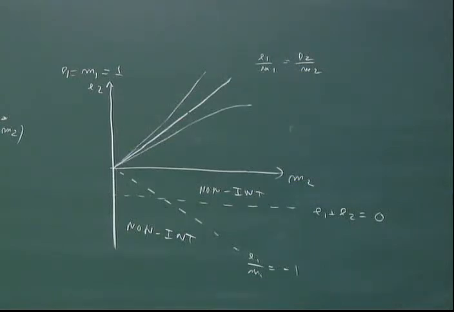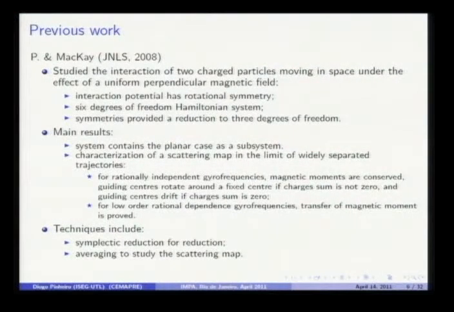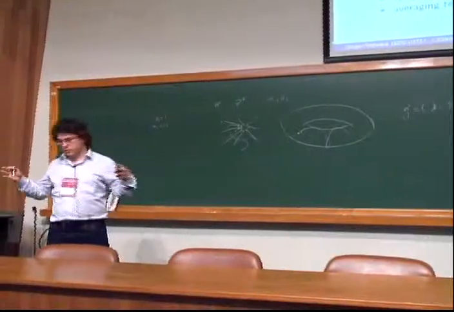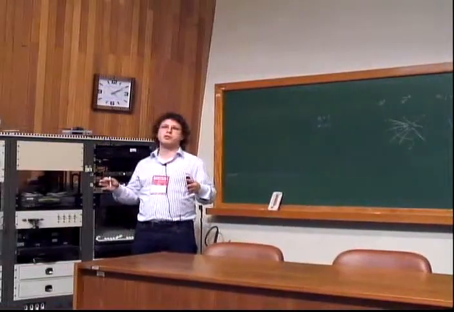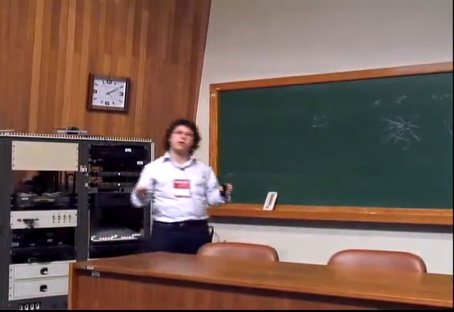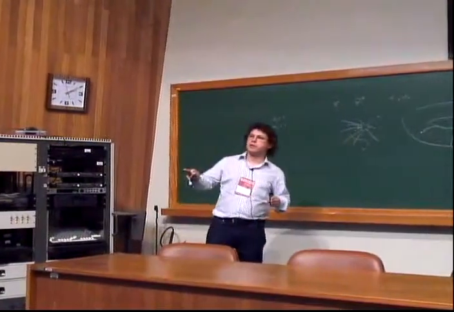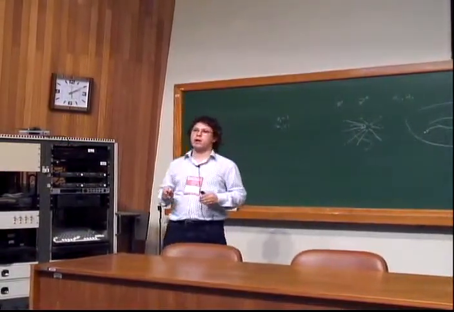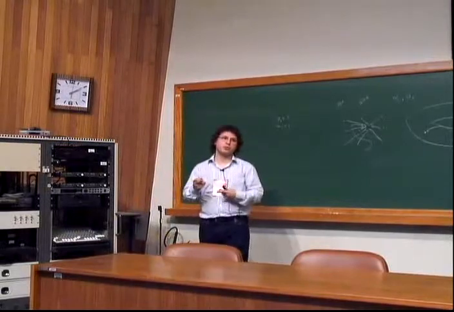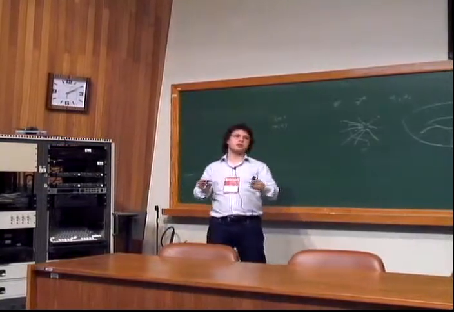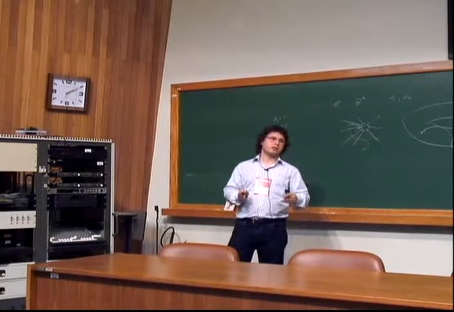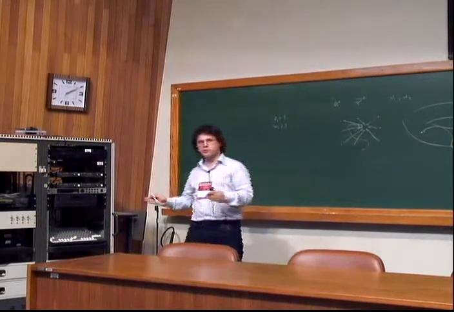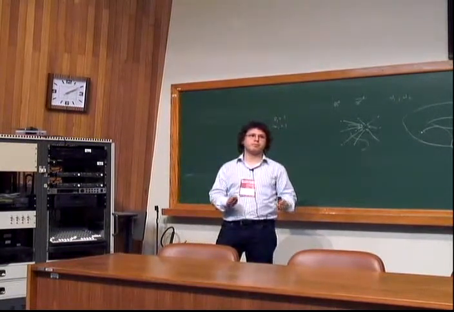Okay. Then we moved on to look at the motion of these two charges interacting in space. So this was a first step. In space, we have now a 6-degree-of-freedom Hamiltonian system and only 4 conserved quantities: 3 linear momenta and 1 angular momentum. Again, they don't commute. And the best we can do using this symplectic reduction is to reduce the system to 3 degrees of freedom.